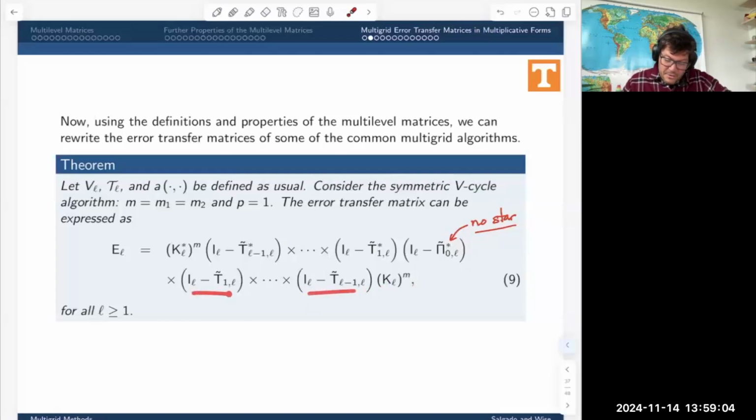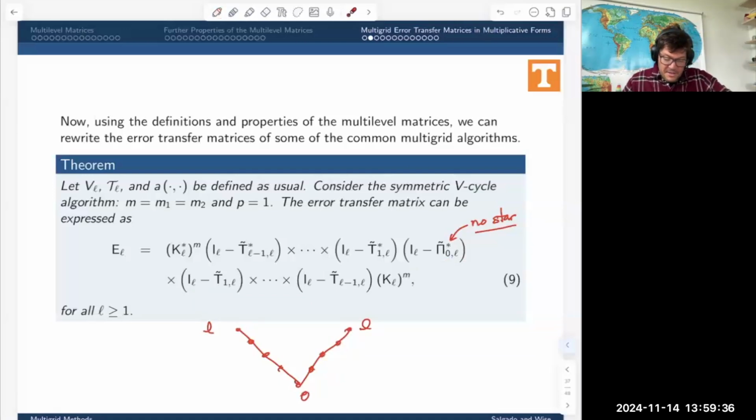They go all the way back until I get to the error in the coarse grid Ritz projection going all the way down to level 0. And then finally, it's like I'm going back up the other side of the V cycle. Remember, with a V cycle you imagine going down, down, down, and then finally going up, up, up till I get back to the top. So this is like level L up here, and this is level 0 down here.